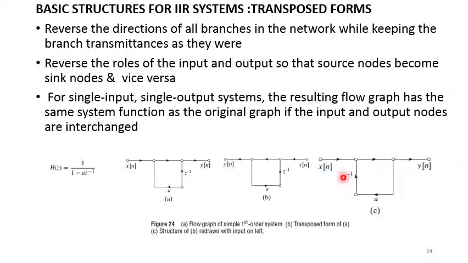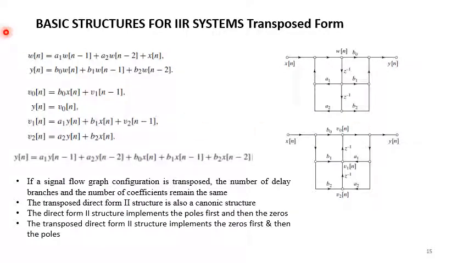Except you can just say that here we scale first and delay afterwards, whereas in the original case we delay first and scale later on. So if a signal flow graph configuration is transposed, then the number of delay branches and the number of coefficients remain the same.